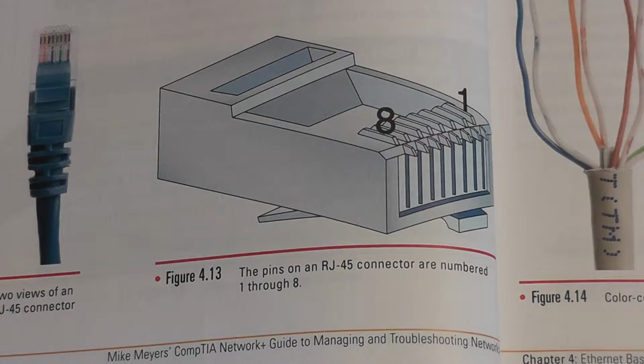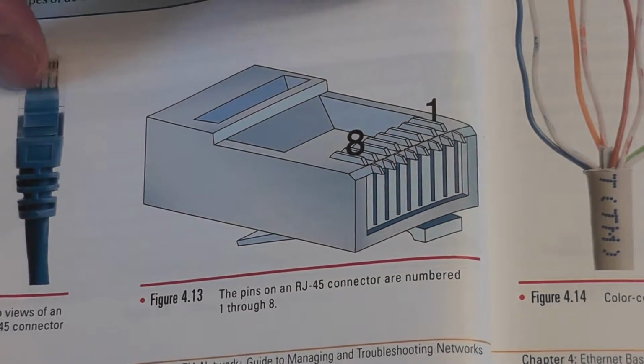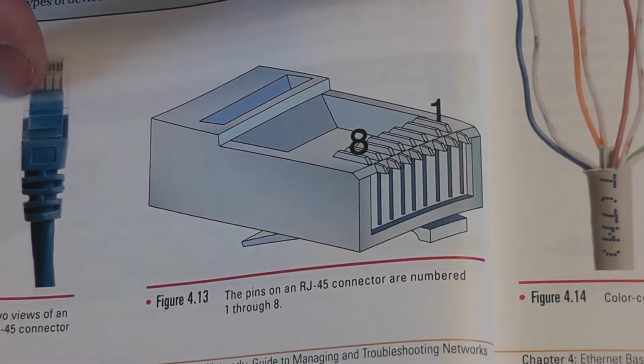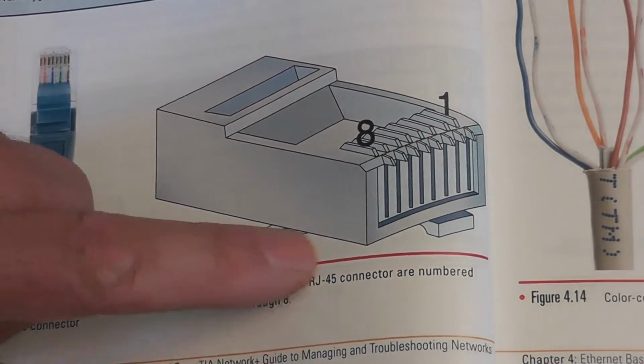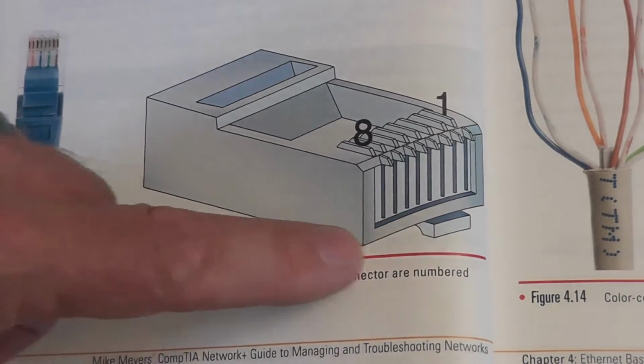Alright, so the RJ45 plug has 8 positions inside of it that allow whatever is terminated to it to carry 8 discrete signals. And if you look at the book, the pins are labeled 1 through 8, and you can see the tab, they're trying to illustrate the tab here.